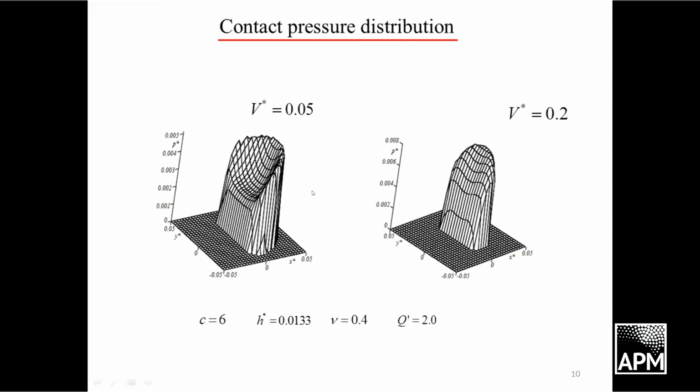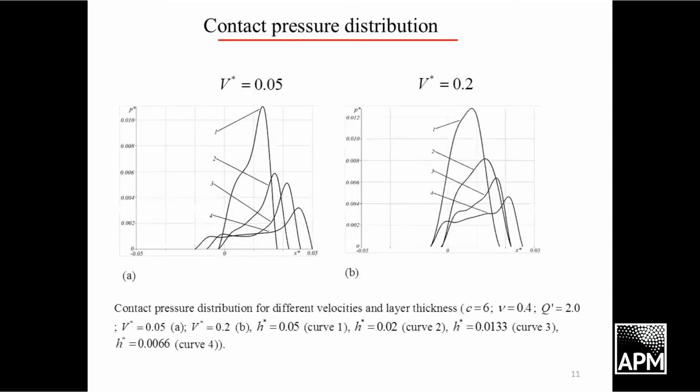And here is the dependence on velocity, low velocity and higher velocity. And we have essentially an asymmetric contact pressure distribution due to viscoelastic properties. And this asymmetry causes the moment of forces. And here, this is the dependence of contact pressure distribution on the thickness of the layer.